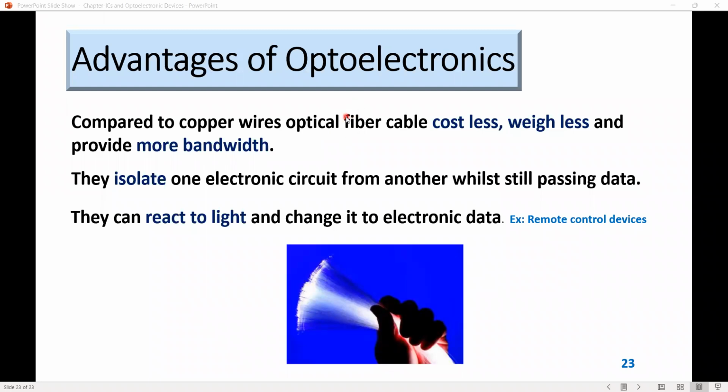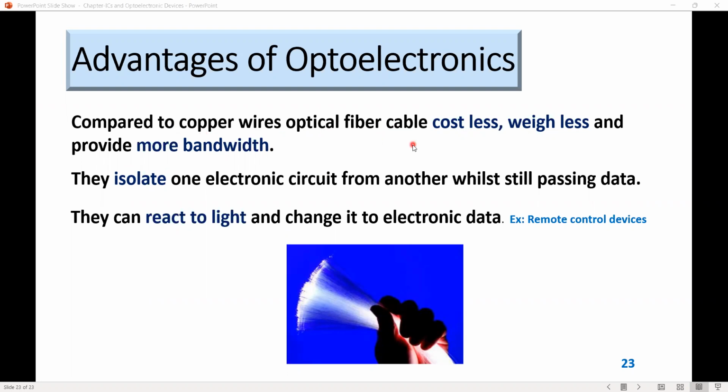Compared to copper wire, optical fiber cables are cheaper, lighter in weight, and provide more bandwidth. Also, they are free from hazards, because in copper wire, if you touch the naked wires, you will get a hazard. It is dangerous to touch.